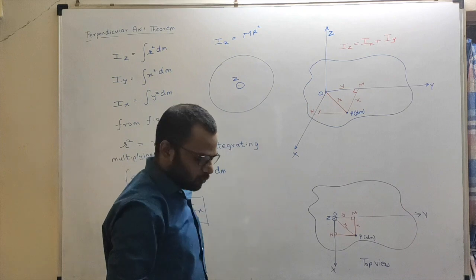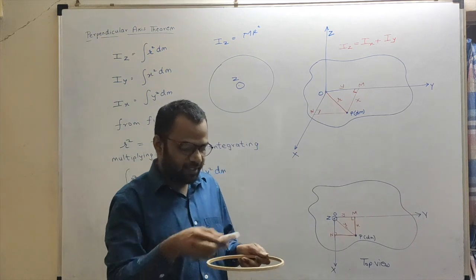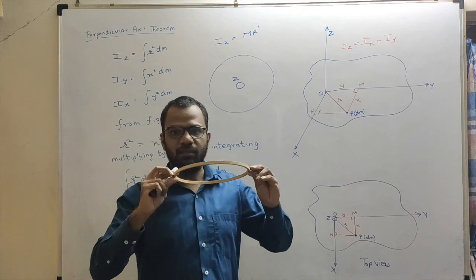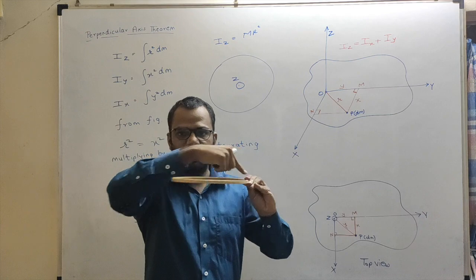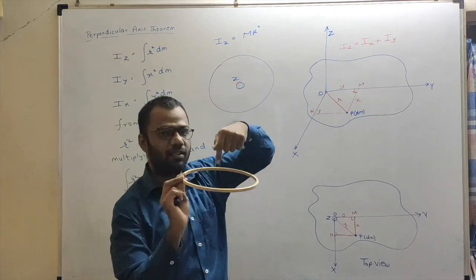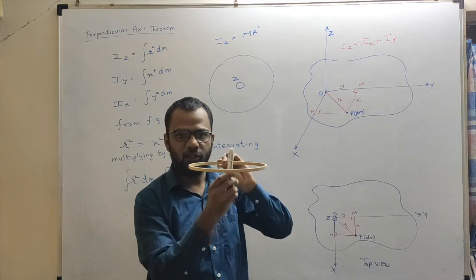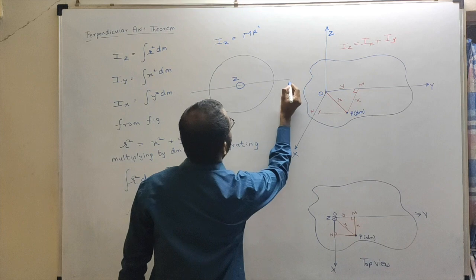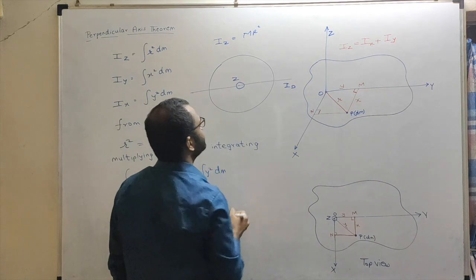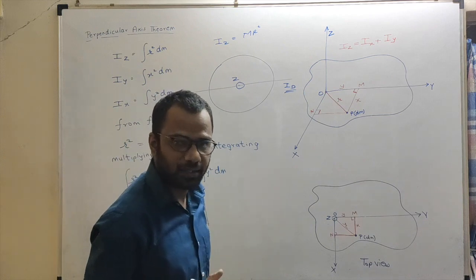Now if it is asked to find the moment of inertia about an axis passing through its diameter, the ring will rotate like this. About the diameter, let us say the moment of inertia is ID. So they have asked, what is the moment of inertia about an axis passing through the diameter?